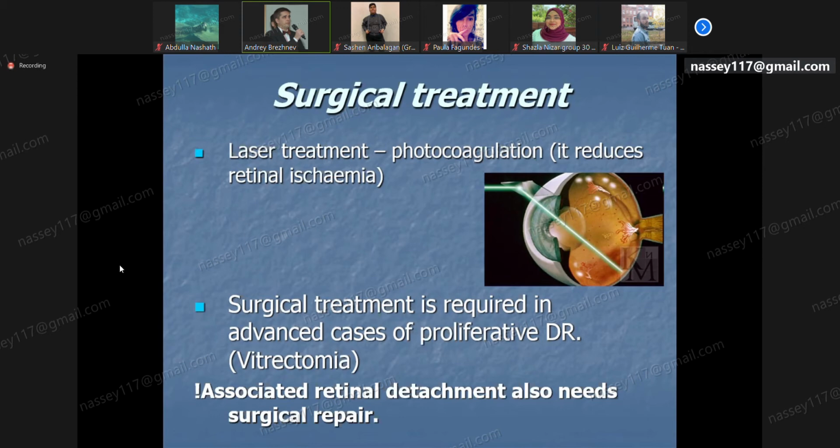Vitrectomy is indicated for dense, persistent vitreous hemorrhages, tractional retinal detachment, and so-called epiretinal membranes. Associated retinal detachment also needs surgical treatment, because even laser or medical treatment can't help patients in this stage.